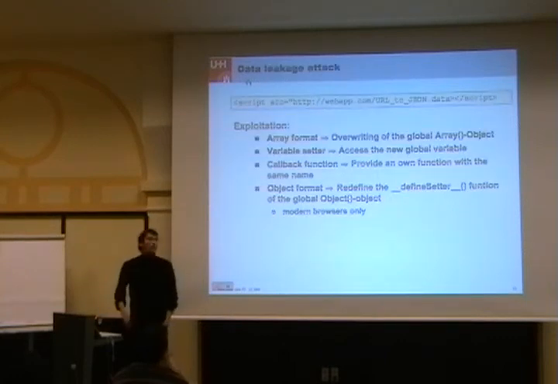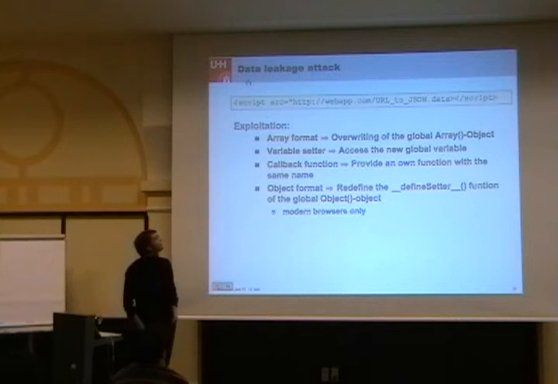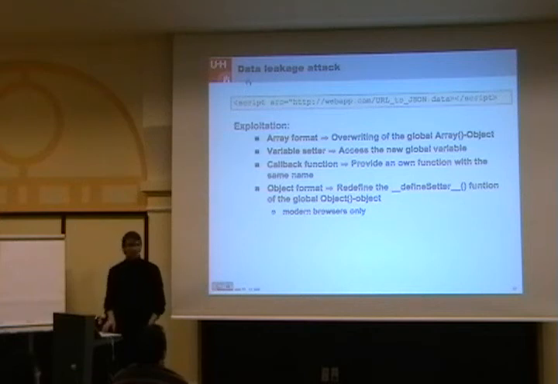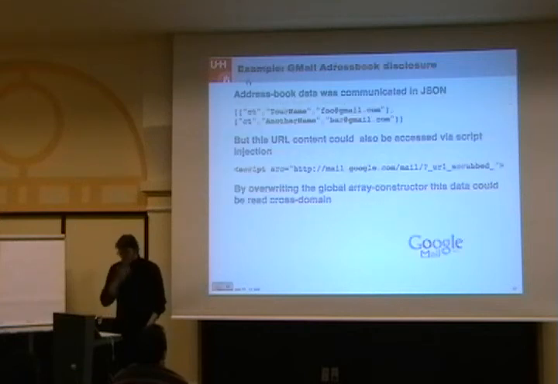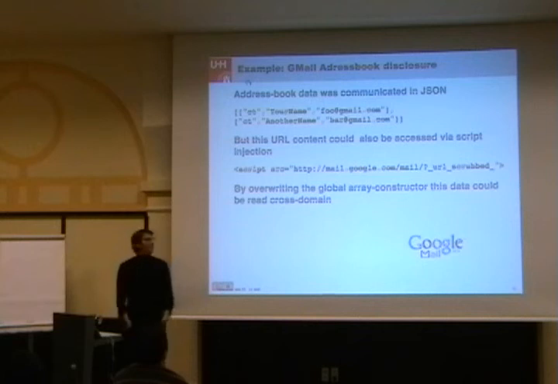Depending on which format the JSON is, that will be fun. Depending on which, we have different ways of exploiting that. I won't go into detail there. I think you got the general concept. A nice example is that the first publicly disclosed example was Google Mail. And so I think if Google is doing this wrongly, many other people are too.